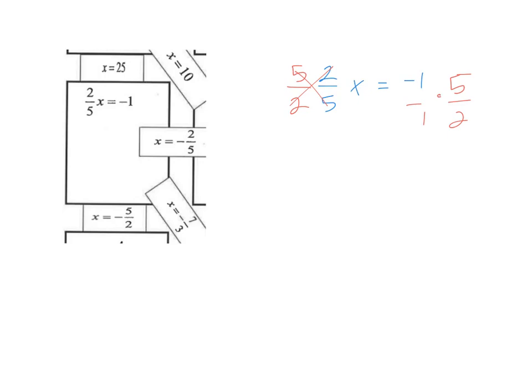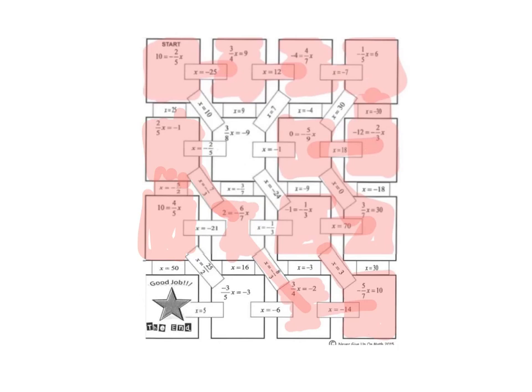That's going to give me 10 over 10, copycat fraction. 1 times x is just x. There's no cross-canceling that I can do, so I've got negative 1 times 5 is negative 5, and 1 times 2 is 2. So I got negative 5 halves, so we're going straight down.